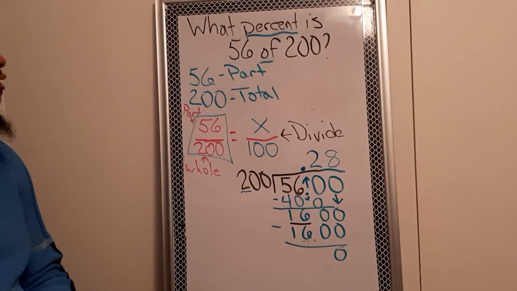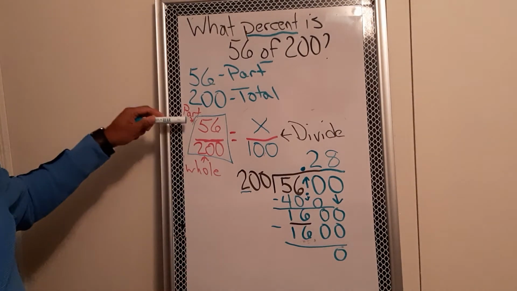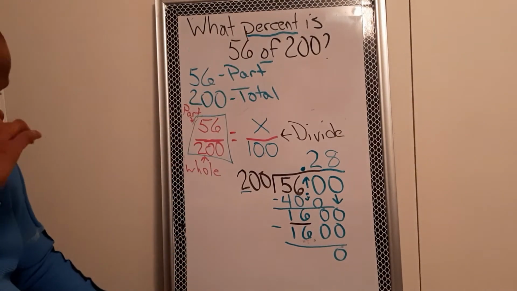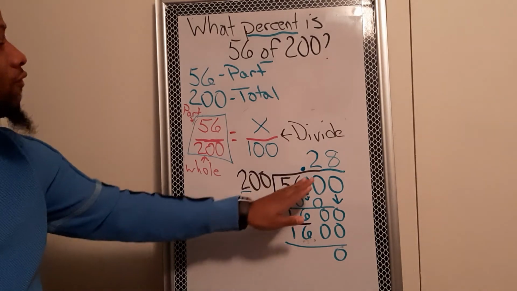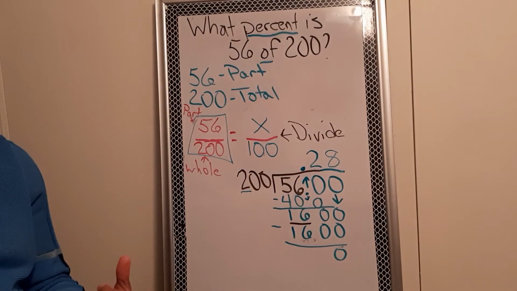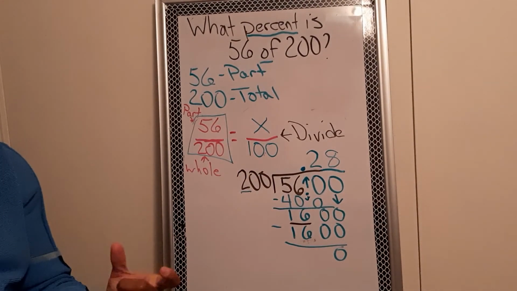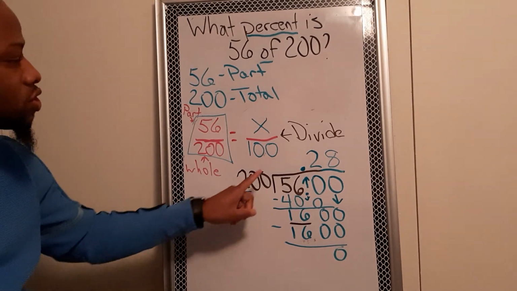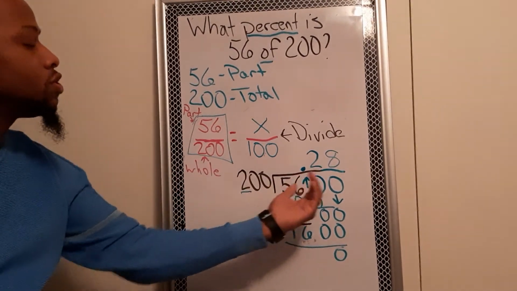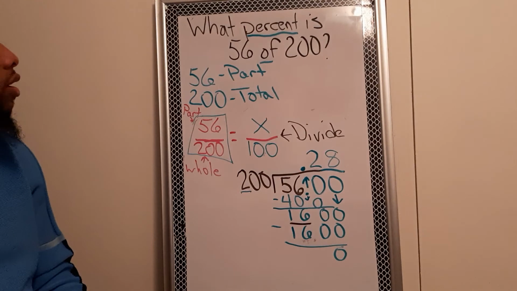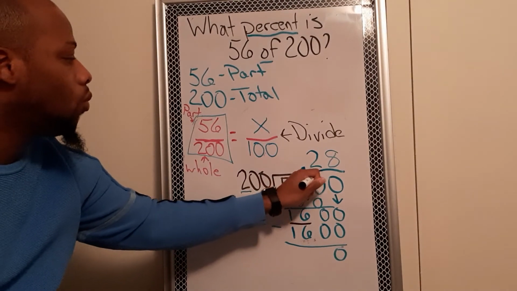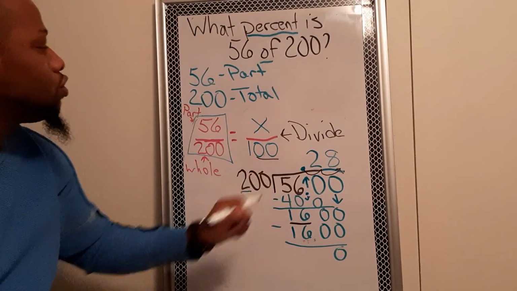Now I have the decimal answer for 56 divided by 200. But my problem asked me to find the percent. So in order to convert a decimal to a percent, I need to multiply that decimal by 100. Because I said percent is always out of 100, the total is always 100. So I can multiply it and go the opposite direction, move my decimal 2 place values to the right, making my number larger, from 28 hundredths to 2 places, because I have 2 zeros in 100.